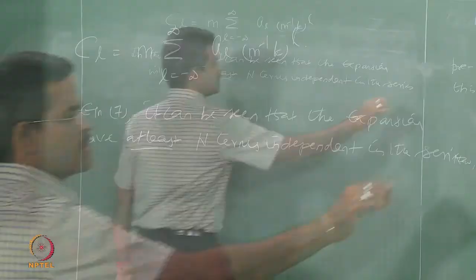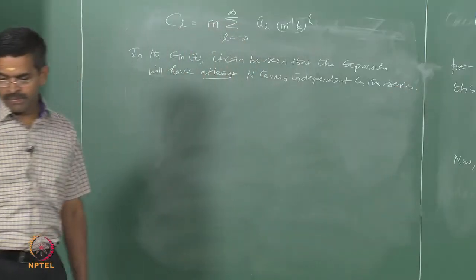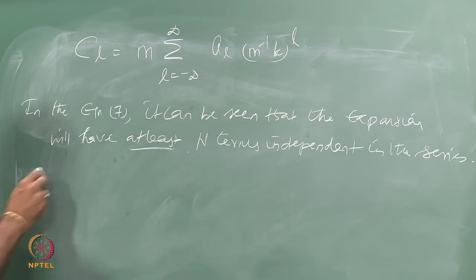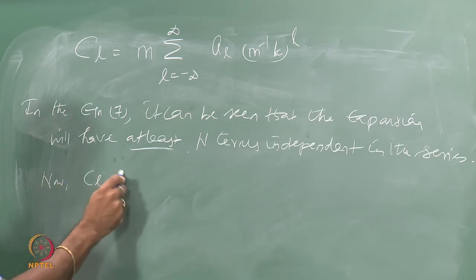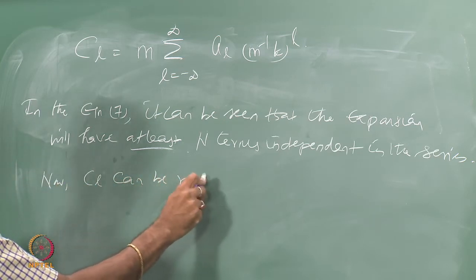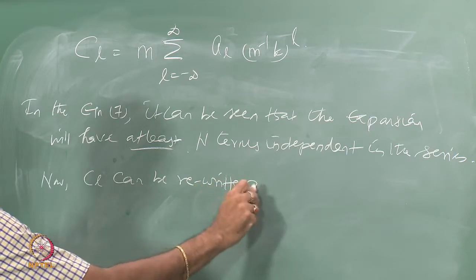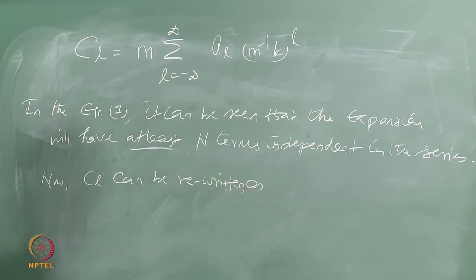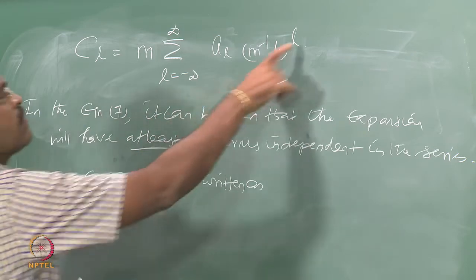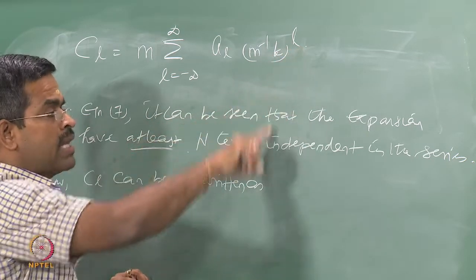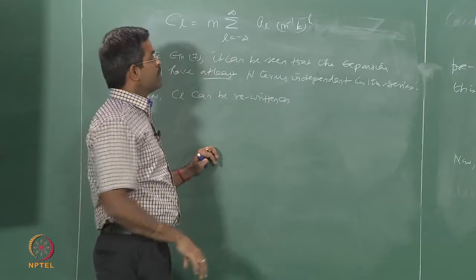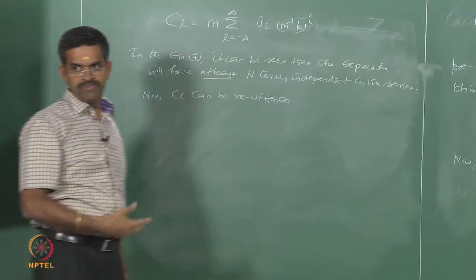So, what is the advantage of this? The advantage is now C L can be rewritten as, you will see that after a certain number of cycles of L, more than n, that is n plus 1 or n, the values will be repeated.